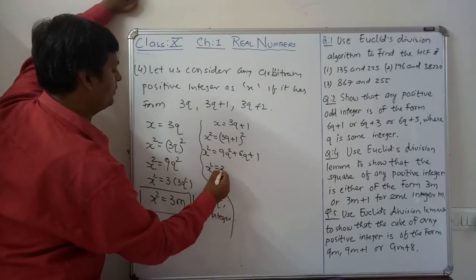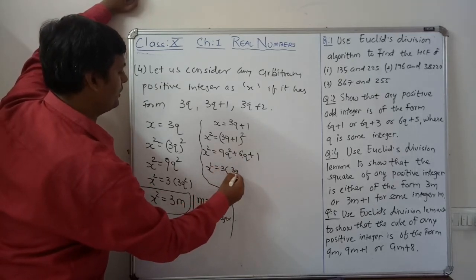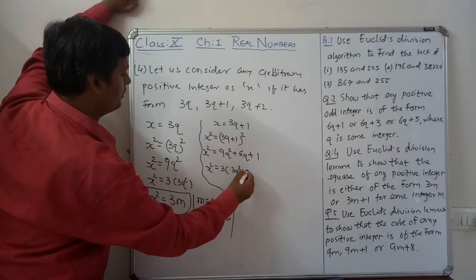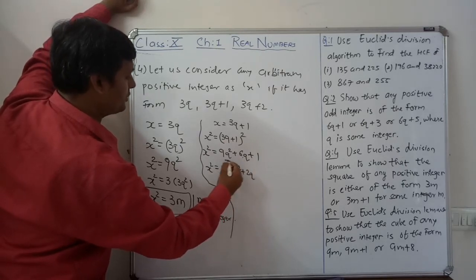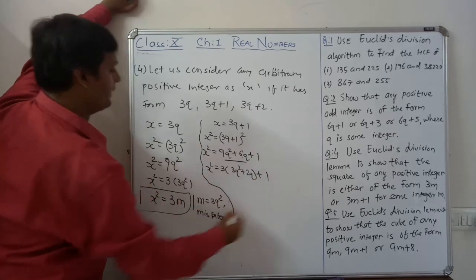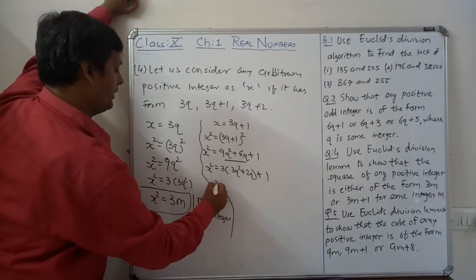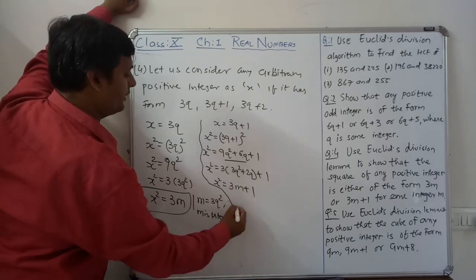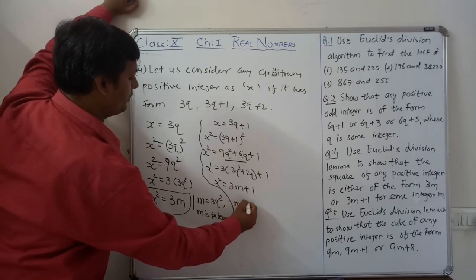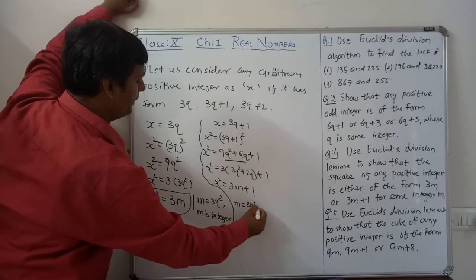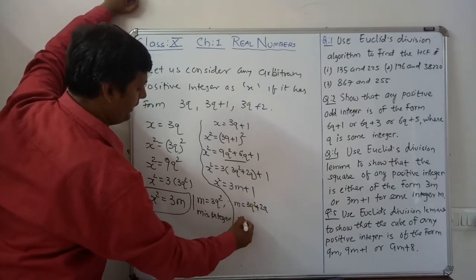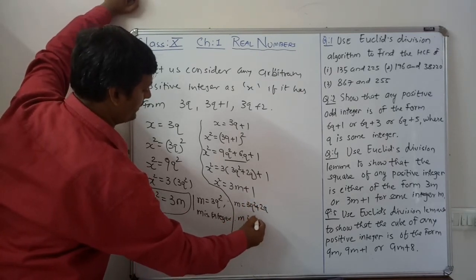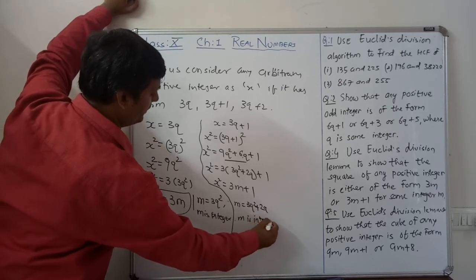So x squared is equal to 3 common: 3 times (3q squared plus 2q) for these two terms, and plus 1 as it is. So x squared is equal to 3m plus 1, where m is equal to 3q squared plus 2q, and m is any integer. Clear?